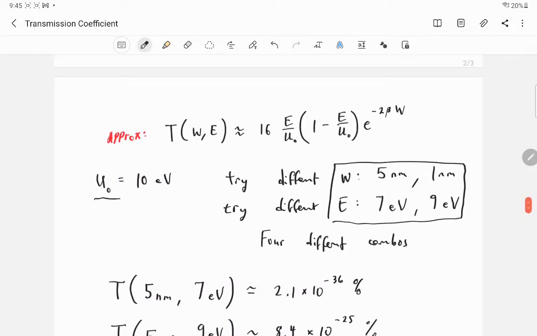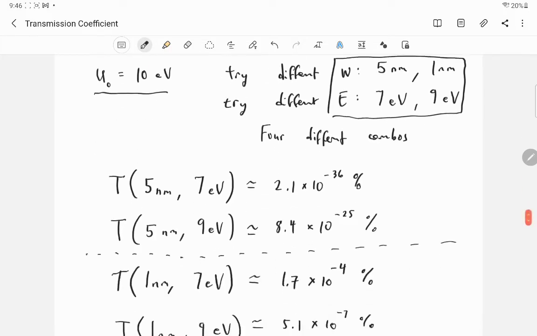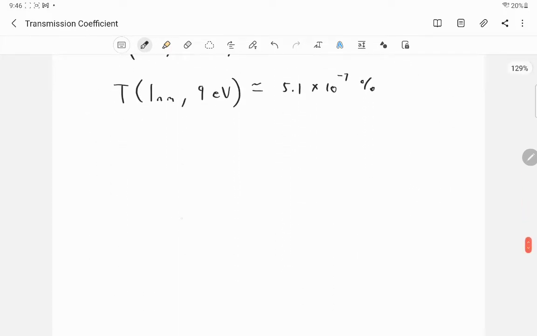I'm going to consider a potential barrier that's 10 electron volts high. But then I'm going to try out different widths, 5 nanometers wide, 1 nanometer wide. And I'm going to try out different energies, 7 electron volts, which is less than 10, or 9 electron volts, also less than 10. And so the barriers that I'm trying out look like this.